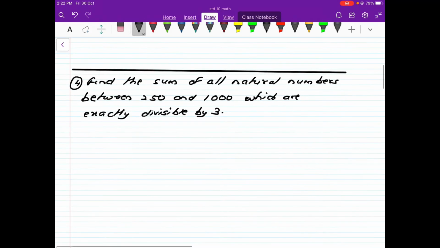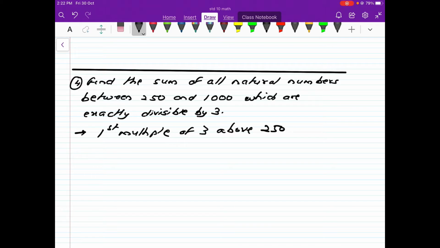We'll go for the next sum. Find the sum of all the natural numbers between 250 and 1000, which are exactly divisible by 3. Now this is a big gap that is given. So we will see the first multiple of 3 above 250.